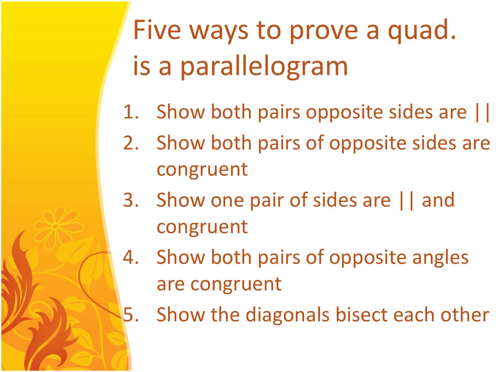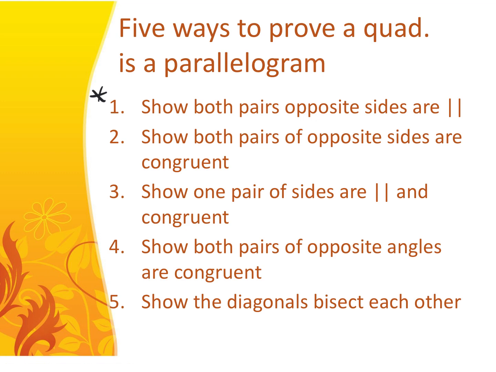Now, when we are proving something's a parallelogram, there ends up being 5 ways. The 4 theorems we just learned about, and put a star next to number 1. You are also able to show that both pairs of opposite sides are parallel. Okay? Now, does anyone know what theorem that is?